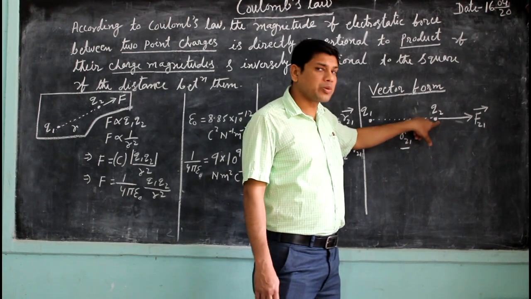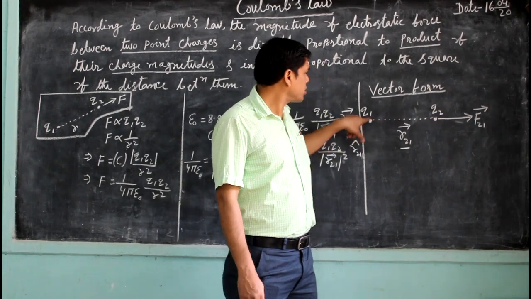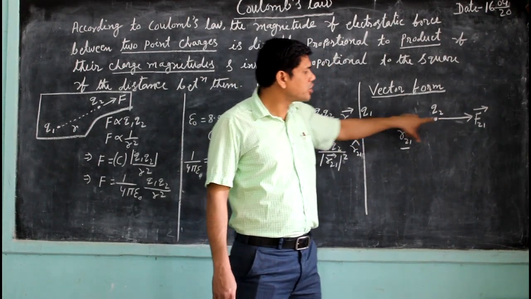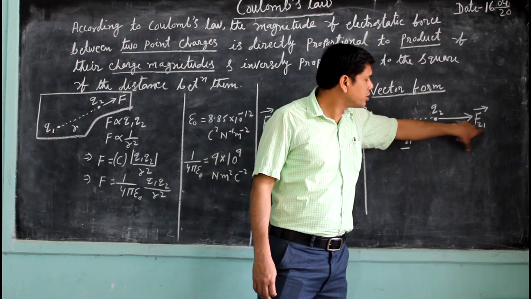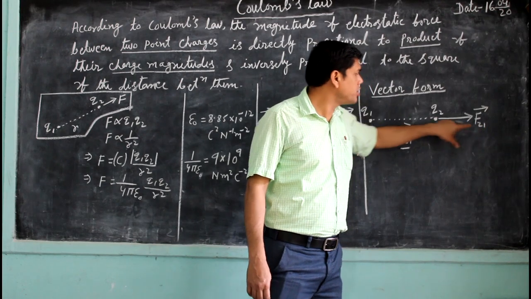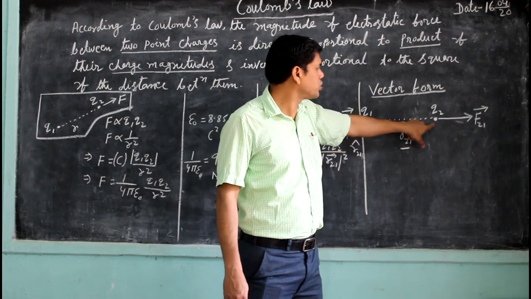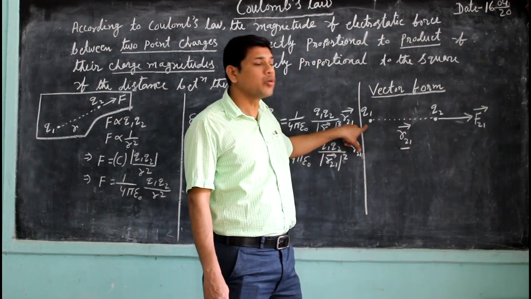The force experienced by the Q2 charge due to the Q1 charge is denoted by F21. Just remember these things: F21 means the force experienced by the Q2 charge due to the Q1 charge, and R21 means the position vector of the Q2 charge with respect to the Q1 charge.